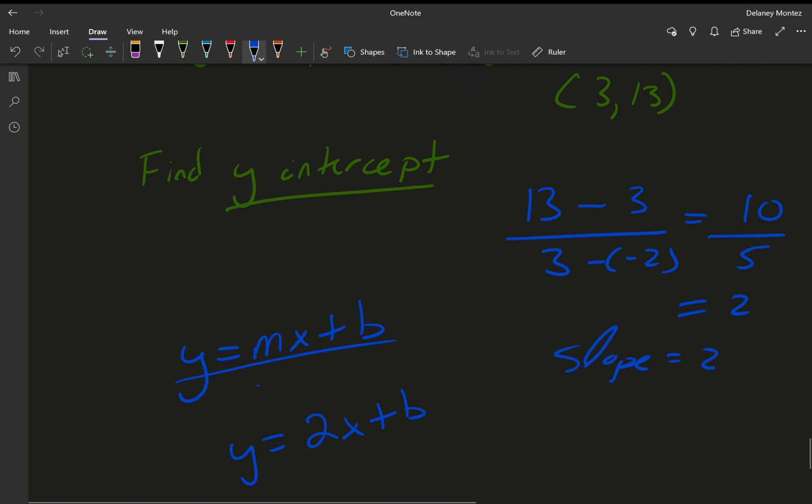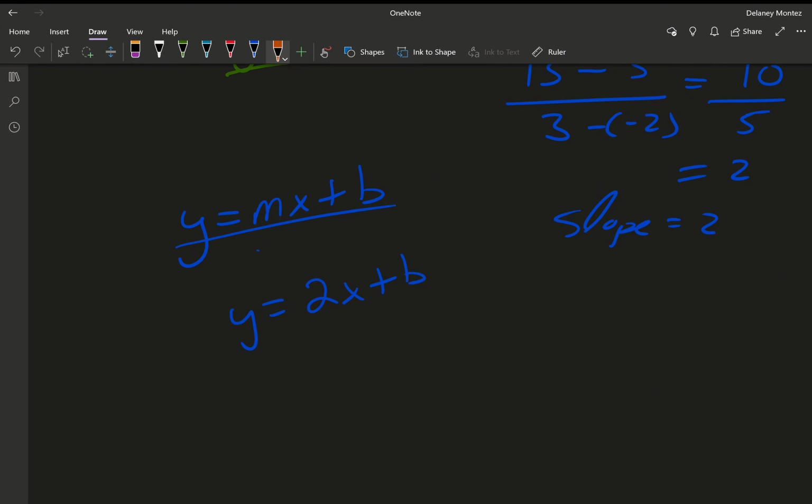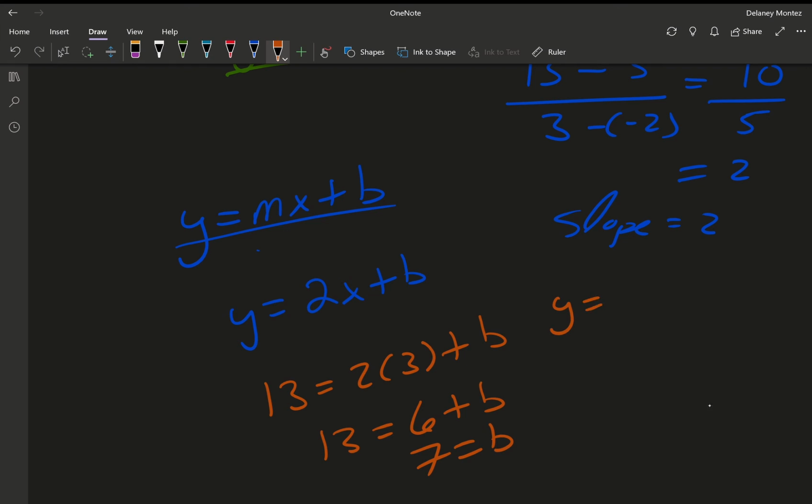We have a point, 3 and 13, so let's plug in 3 and 13. 13 equals 2 times 3 plus b, so 13 equals 6 plus b, or 7 equals b. Now your actual formula is y equals 2x plus 7. At this point, we just need to plug in 0 for x. y equals 2 times 0 plus 7, or y equals 7.